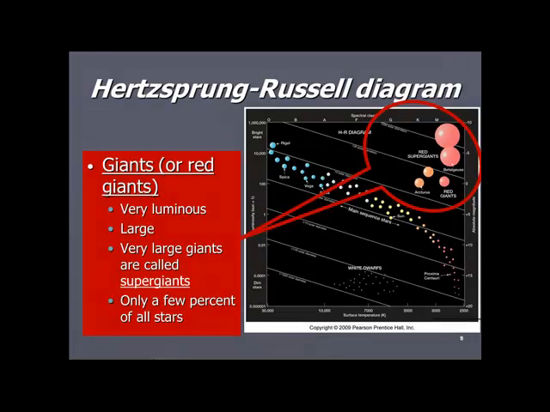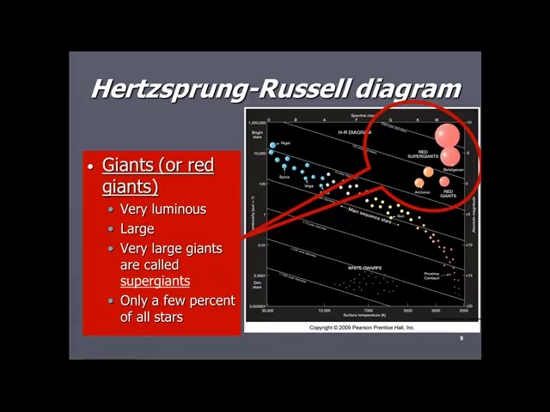The next stage after main sequence, I kind of consider it the midlife crisis stage, is the giants or the red giants. This is when the stars start to collapse in on each other but are still being pushed outward by fusion. They're very bright. As you can see, they're in the upper portion of the graph that relates to the bright stars, with a negative absolute magnitude.